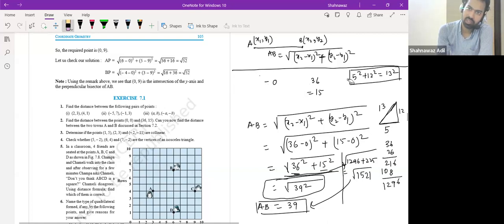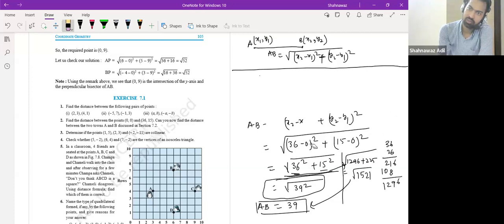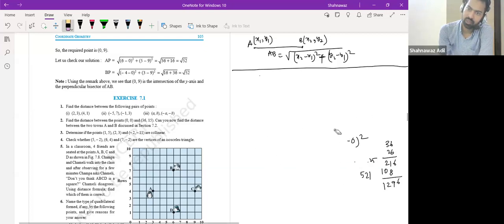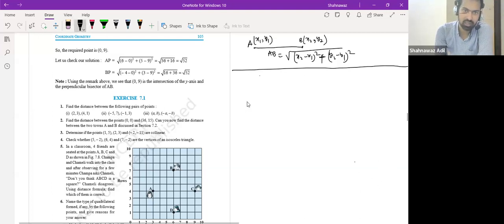Now let us do the third problem. That is not here. We can extend, right? So determine if the points are collinear. So what do we mean by collinear? Linear we know, right? So this is a line, right?